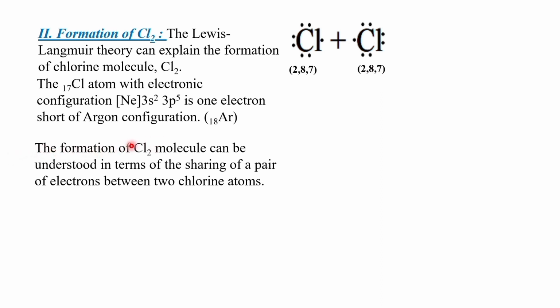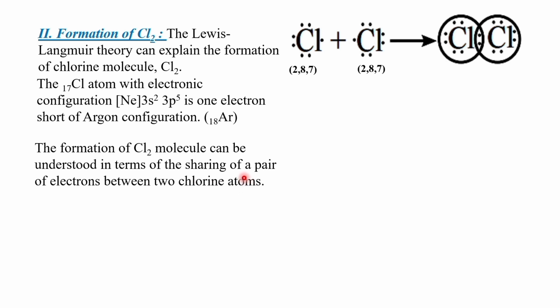The formation of Cl2 molecule can be understood in terms of the sharing of a pair of electrons between two chlorine atoms. Look at here, these two chlorine atoms contain 7 electrons in their valency shell. For completion of octet, each chlorine requires one more electron. Here the electronegativity of both the chlorine atoms is the same.